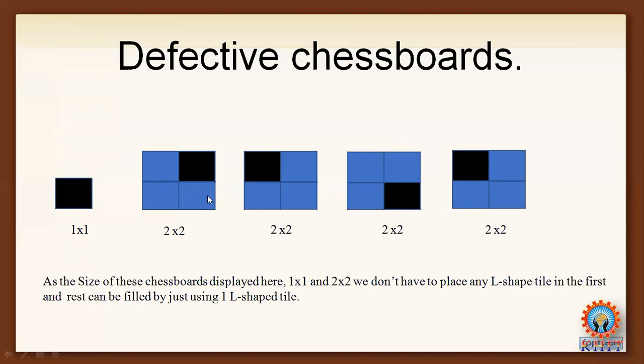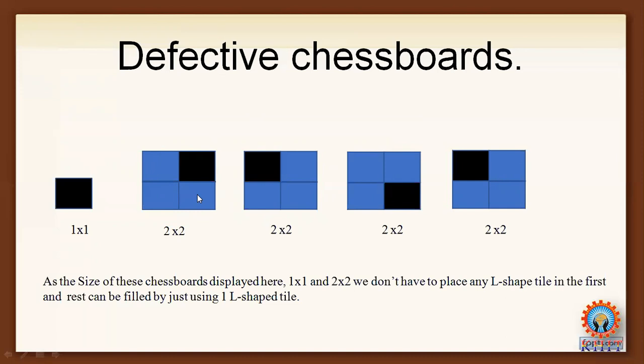These 3 squares are filled with a tromino. So I have filled the remaining part of the 2 by 2 chessboard with a tromino. Tromino means 3 squares considered together. This is an L shape.